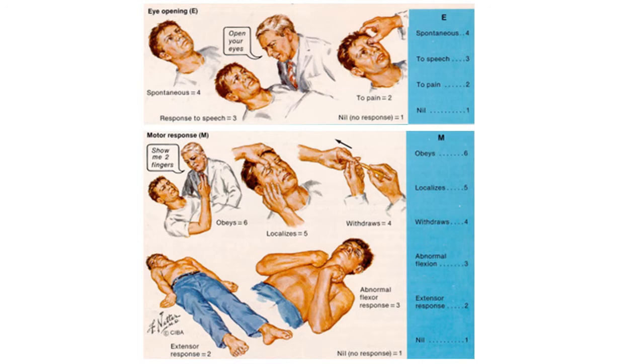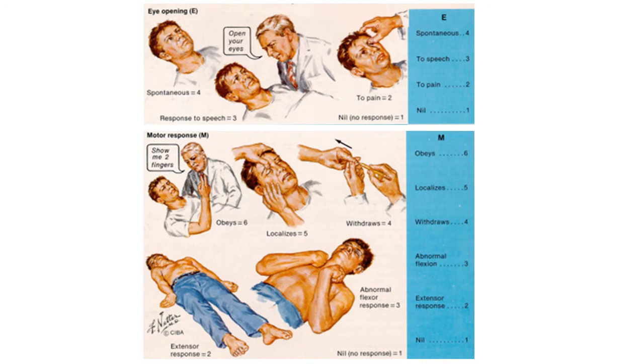If patients spontaneously open their eyes, we can put it as 4. If the patient is unable to open their eyes or his eyes are closed, we can stimulate a verbal response. Ask patient to open their eyes, and if patient opens their eyes upon speech, we can put it as 3.